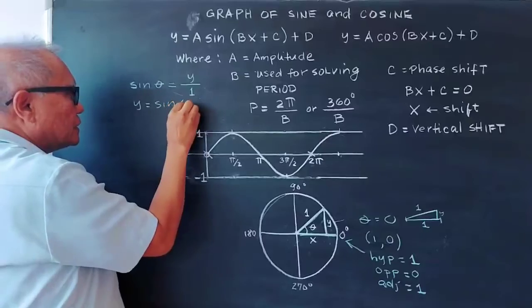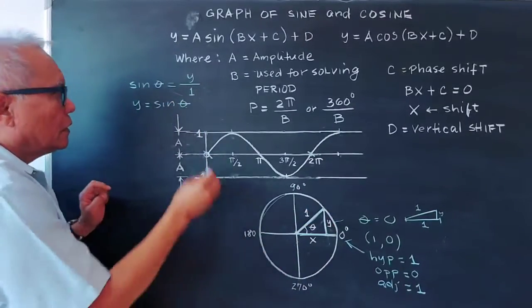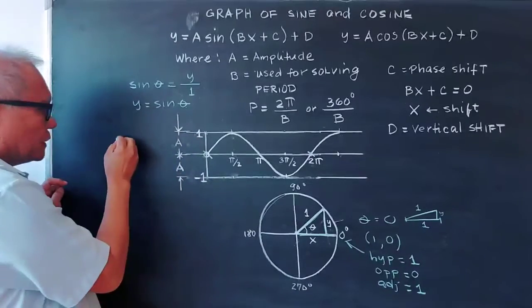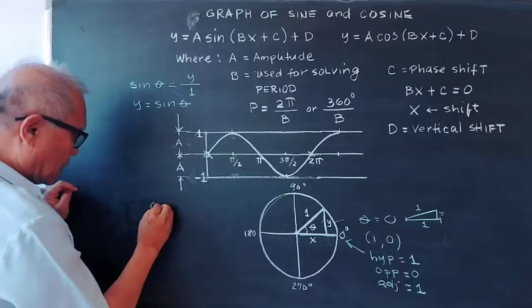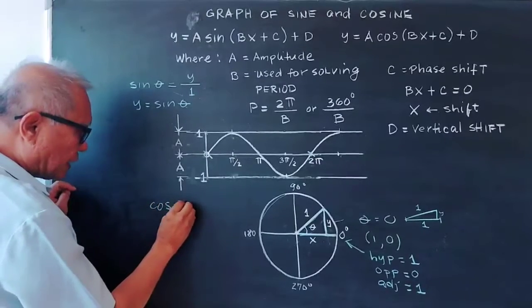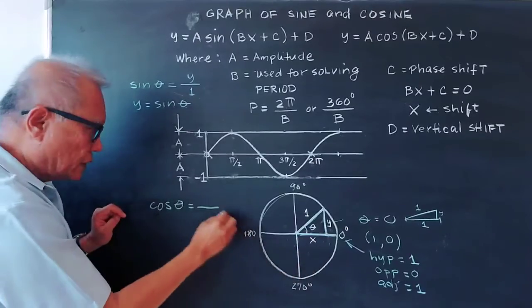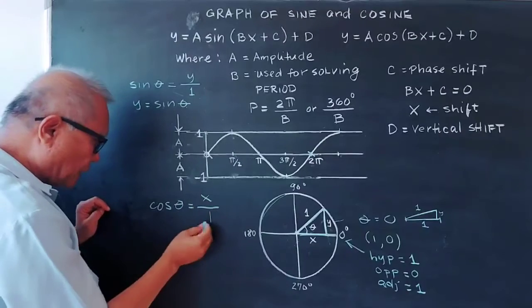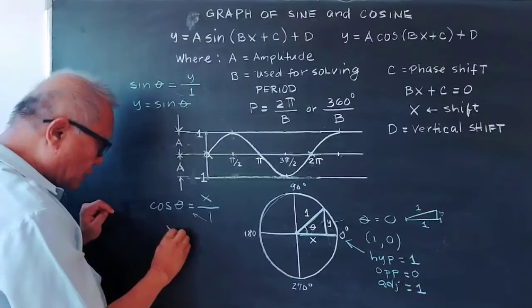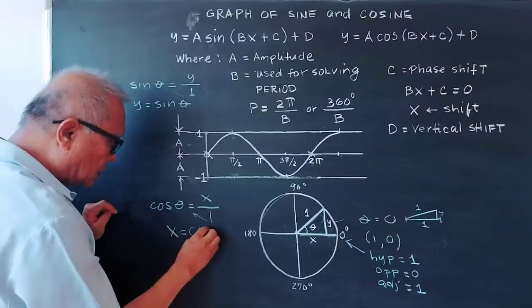So y is equal to sine theta. That is y. What about the cosine? Cosine of angle theta is the x over 1, and to solve for x, cross multiply. So x is equal to cosine theta.